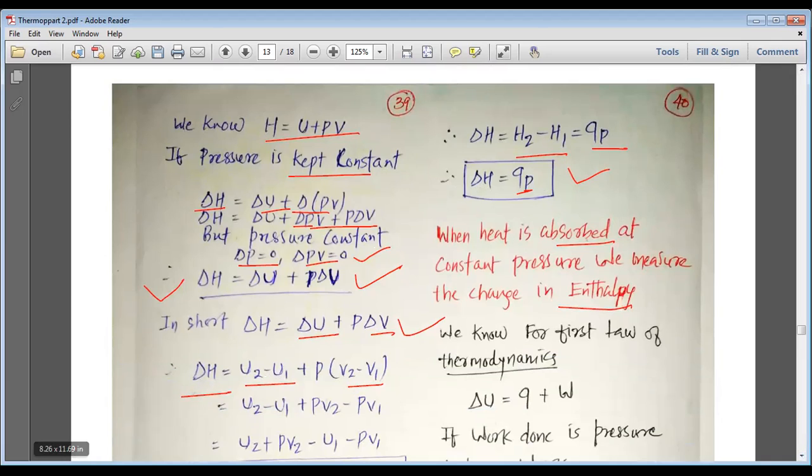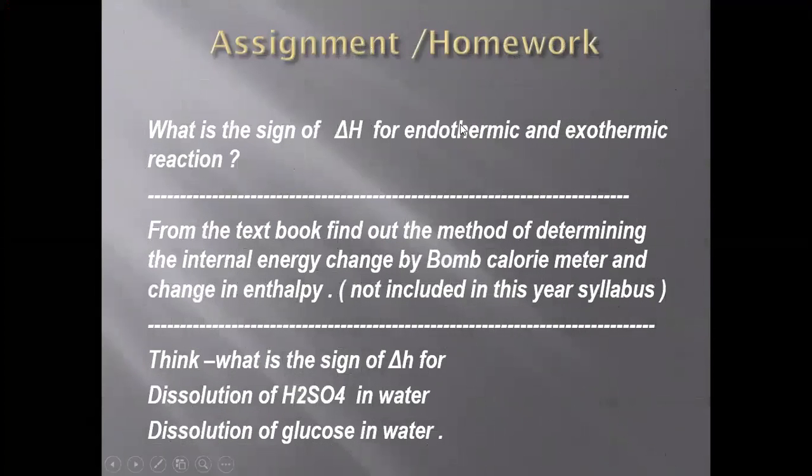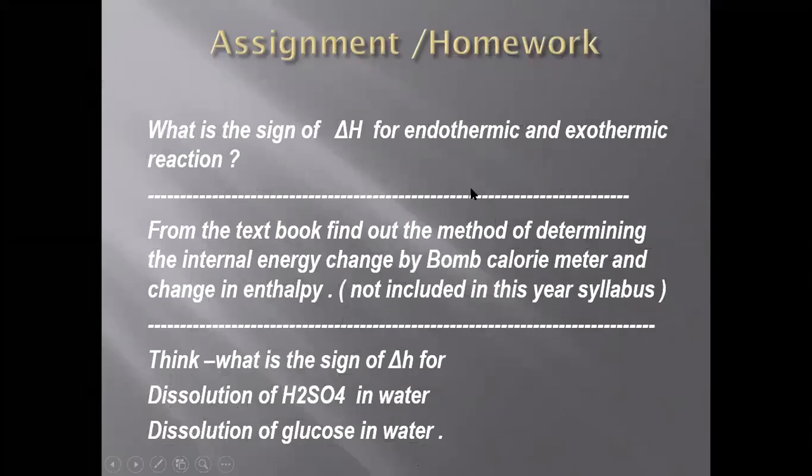Now to understand the topic better, I would like you to do this work in your homework notebook: what is the sign of delta H for the endothermic and exothermic reaction.